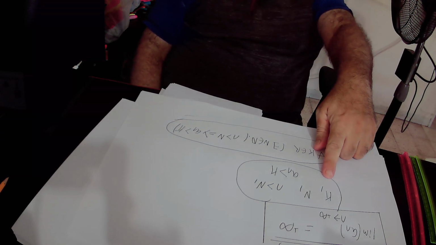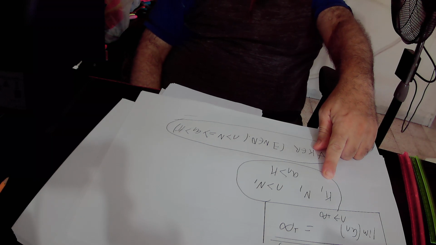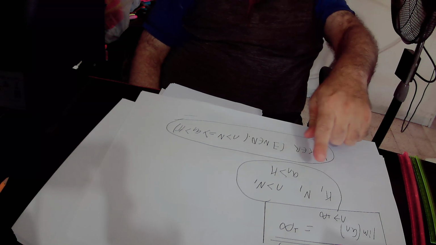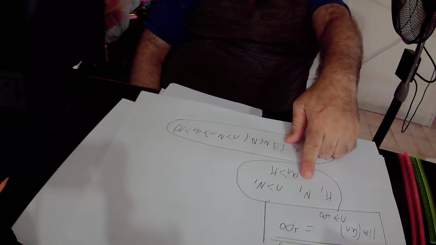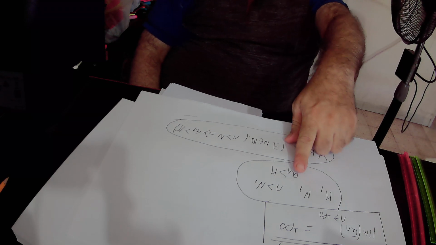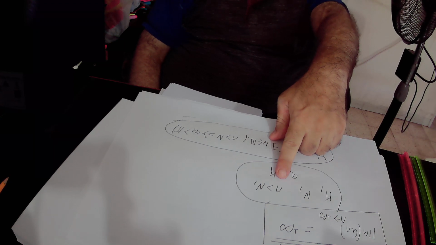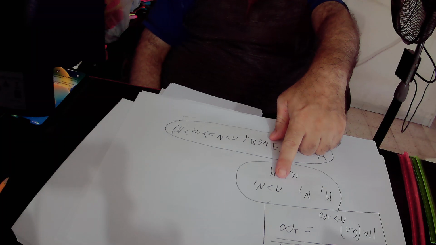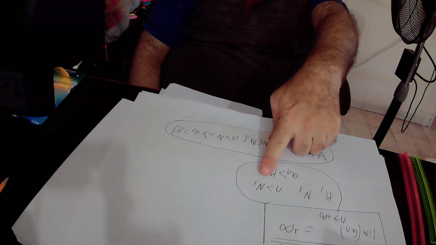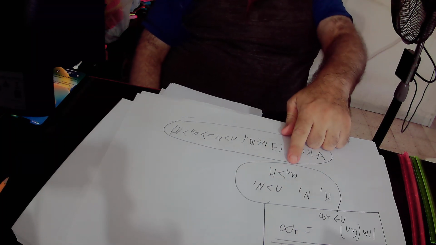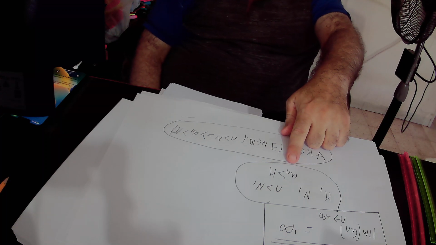For every k as large as we want, we have to find a capital N that belongs to the natural numbers, and for every n that is greater than capital N, and n also belongs to the natural numbers, we'll get that a_n is greater than k.